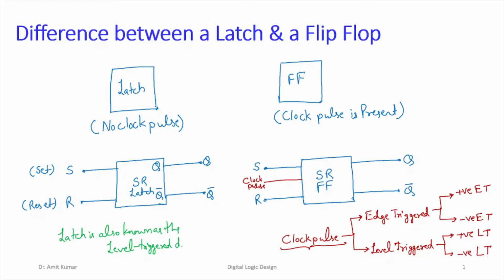By the term level triggered, we mean that over the entire level of the clock pulse, say if we consider a clock pulse like this as an example, the circuit is active, and it will process the inputs and generate the output.